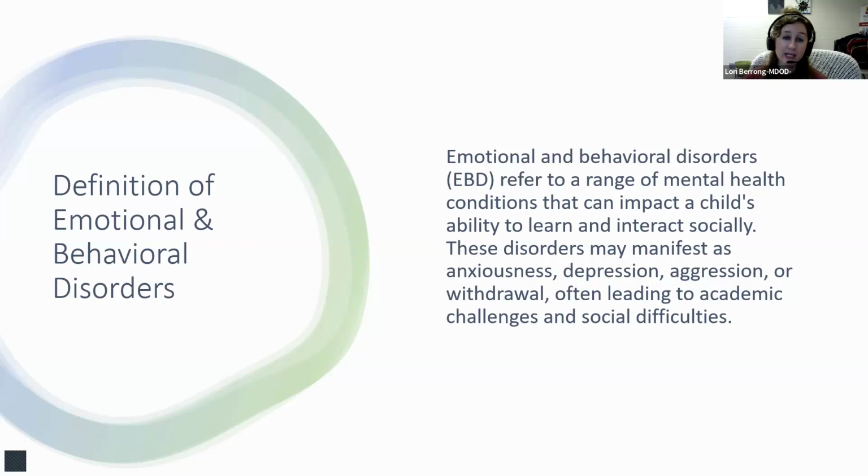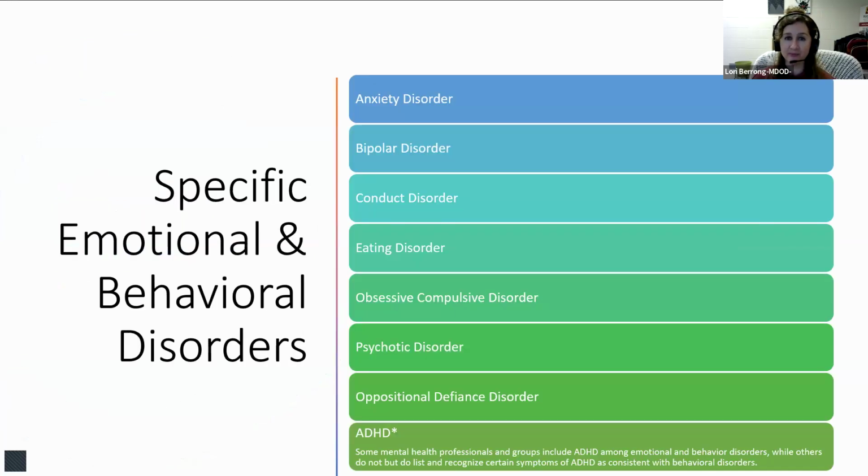So although some of today's session will focus on school supports, it really does apply to anybody, whether they're in school or out of school. And these disorders can manifest as anxiousness, depression, aggression, withdrawal, and all of those can lead to academic challenges and social difficulties. And that's where we want to think about ways that assistive technology can help with some of these characteristics.